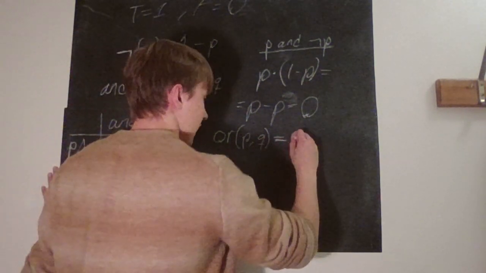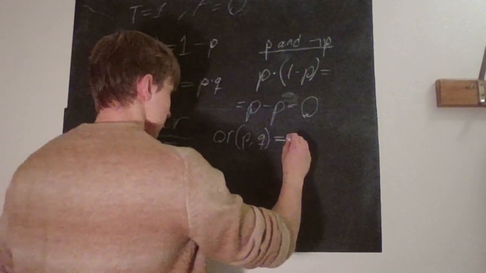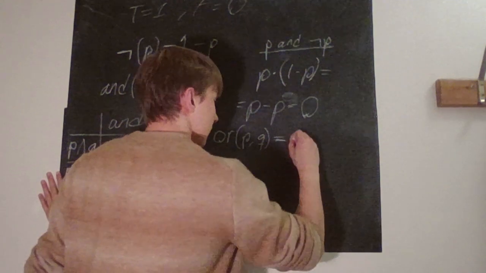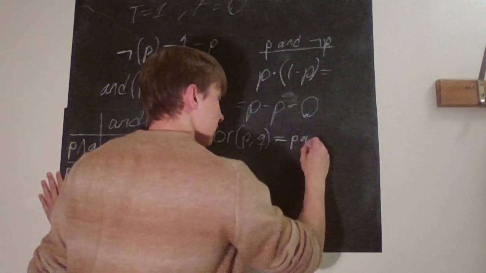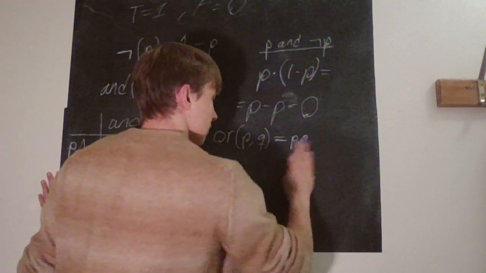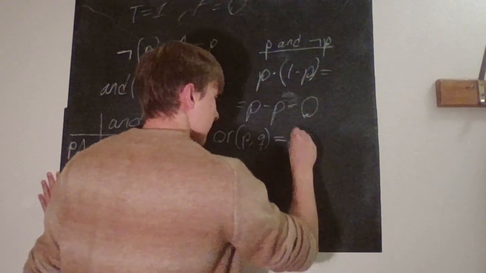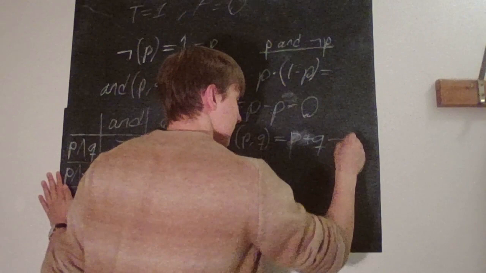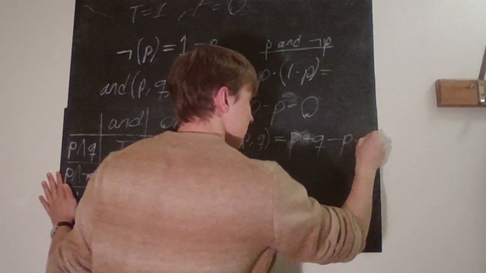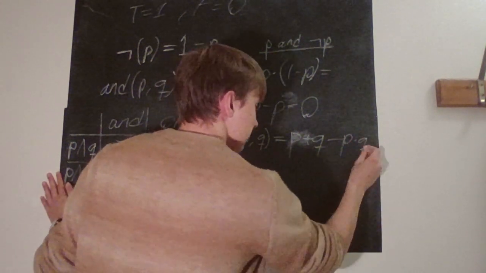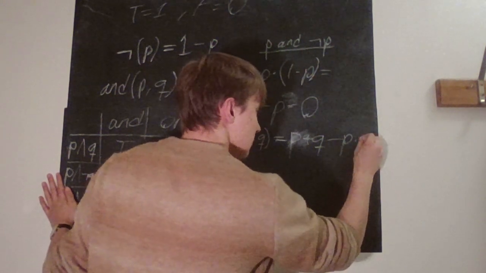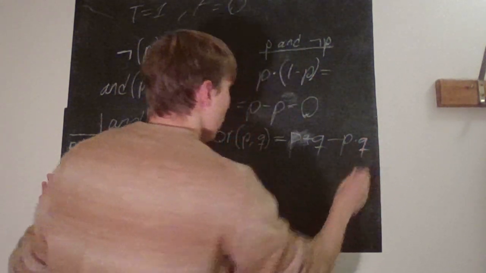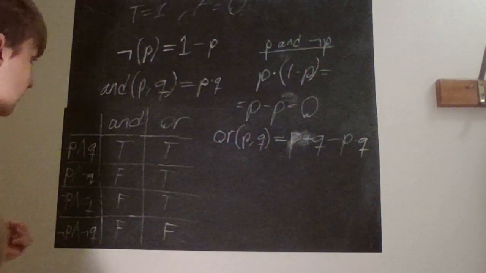Then, if I don't remember incorrectly, it's P plus Q minus P times Q. Okay, so this is our OR function.